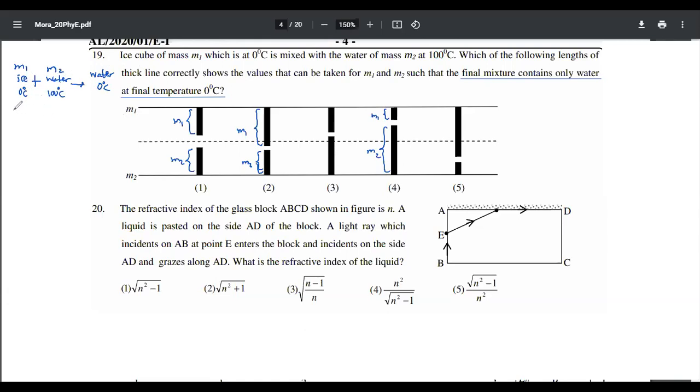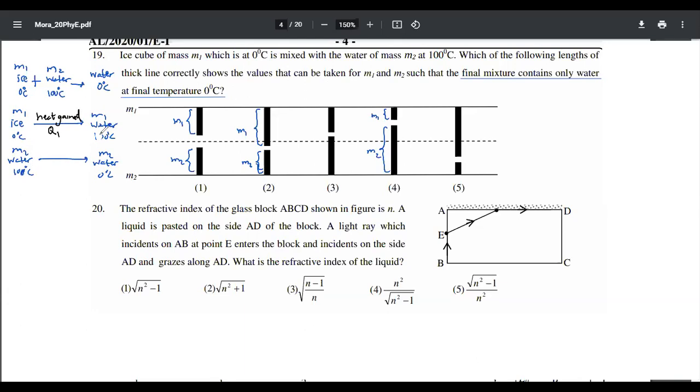Okay. So, M1 mass of ice at 0 degrees Celsius has become M1 mass of water at 0 degrees Celsius. Heat gained or heat lost? This is heat gained, Q1. And M2 mass of water, which is at 100 degrees Celsius, has cooled down to the same mass of water at 0 degrees Celsius.